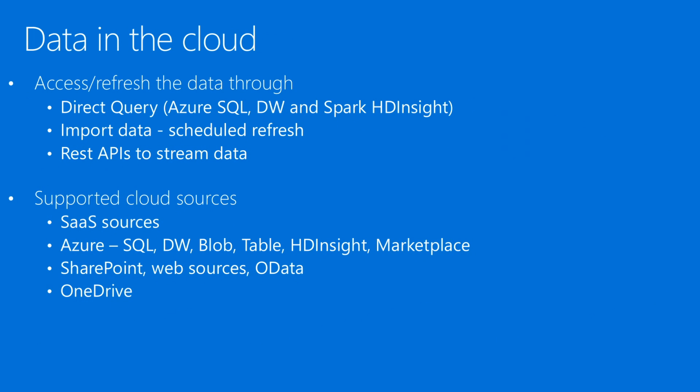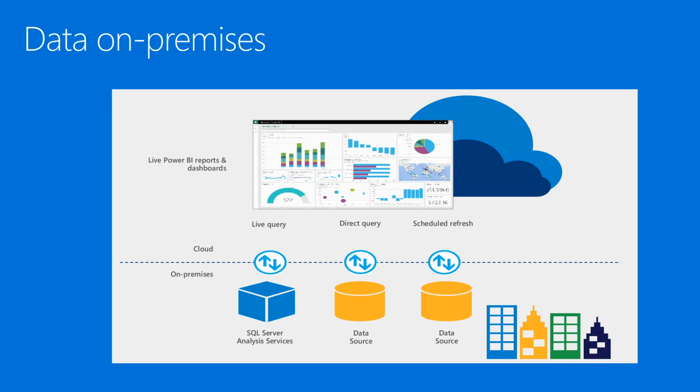As you know, in Power BI, we support a huge variety of data sources on the cloud, whether you're accessing the data through direct query for Azure SQL, Spark, HD Insights, or you want to import the data and set scheduled refresh, you can do that today with Power BI. And to learn more about the list of the cloud sources, you can look into documentation, but it's a large set of variety, and it's very easy to start using.